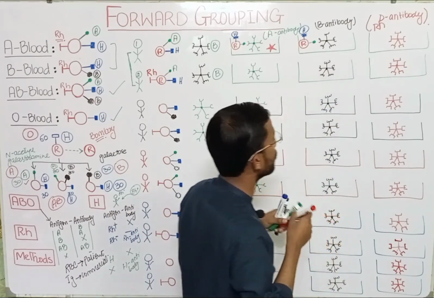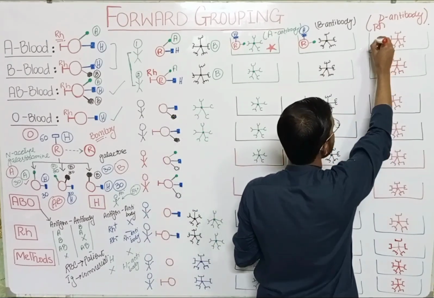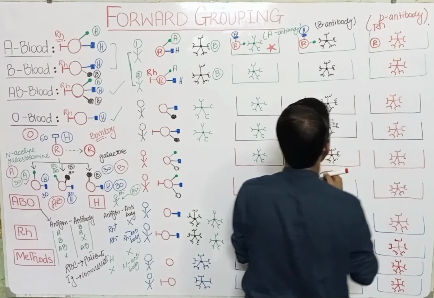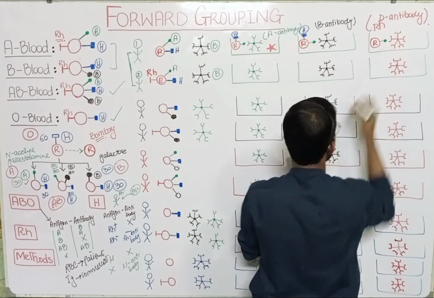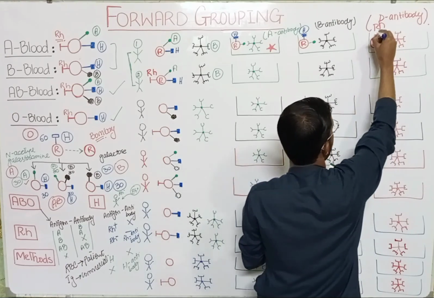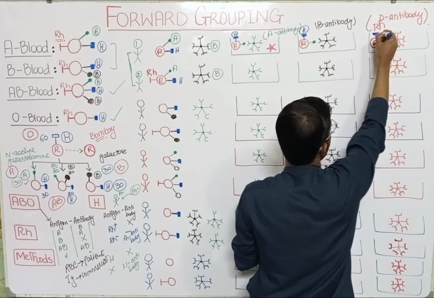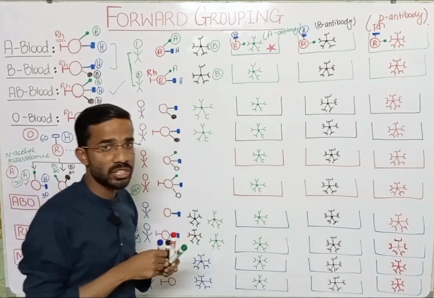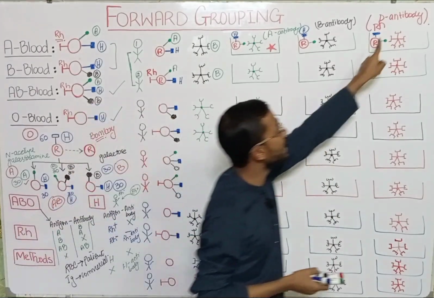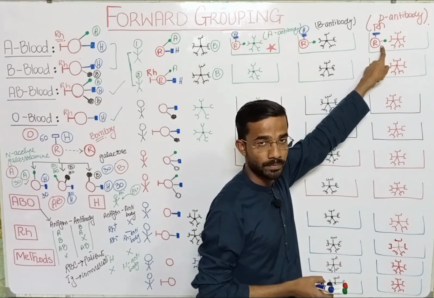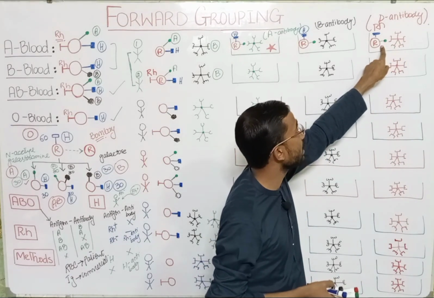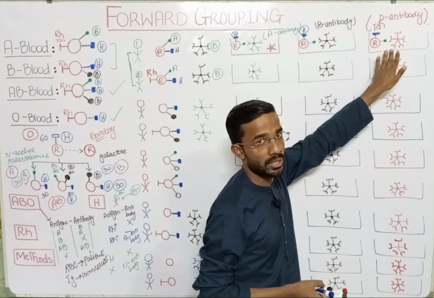And in the last, this RBC has A antigen and H antigen. So you people tell me, is there any agglutination? No, because D antibodies cannot react with the A antigen, and you will never see any agglutination.